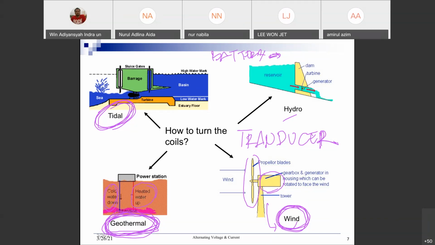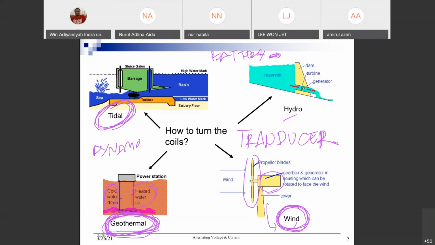Dynamo. You know the dynamo in the bicycle? Convert from what energy to which energy? Kinetic to light, if I'm not mistaken.